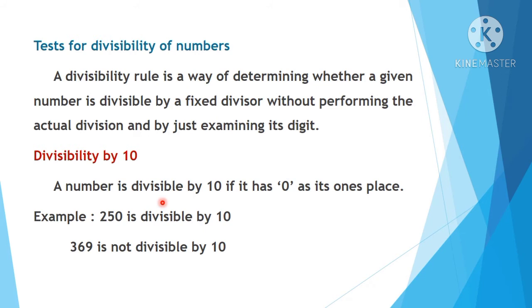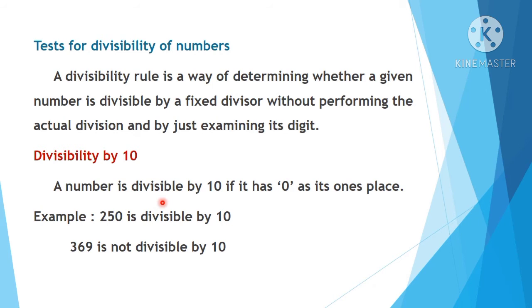So you are getting the answer 25, and the remainder is 0. Check it: take a piece of paper and divide 250 by 10. You will get quotient 25 and remainder 0. So 250 is divisible by 10.